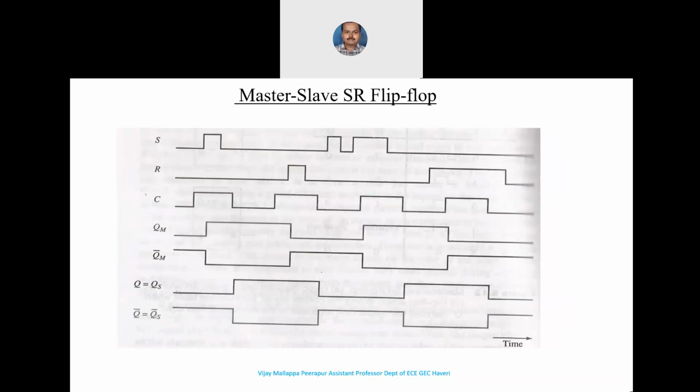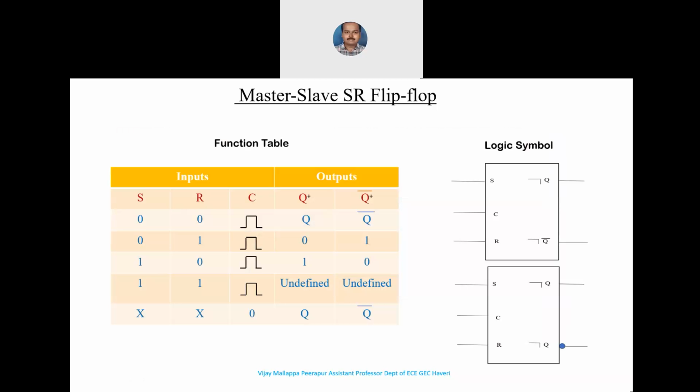I explained this timing diagram of an SR master slave flip-flop. And this is the truth table of a master slave SR flip-flop, and this is the clock pulse which is applied. We know that when it is 0 0, the next state is equal to the previous state. And when R is 1 and S is 0, we call it the reset state.